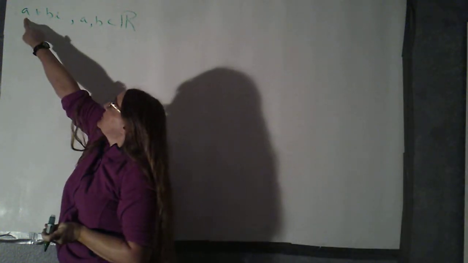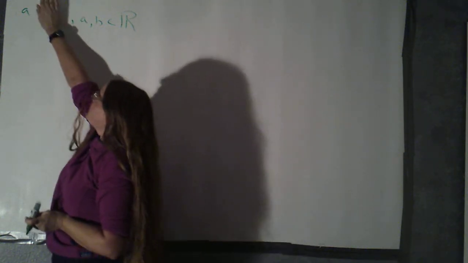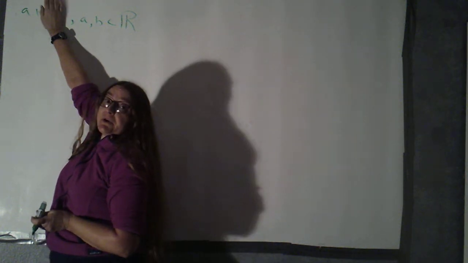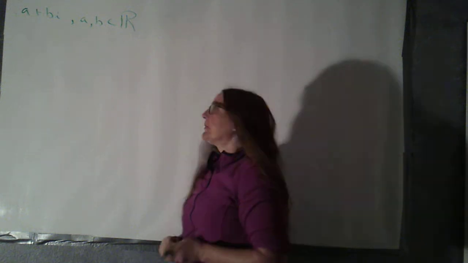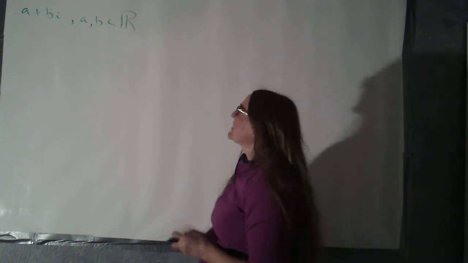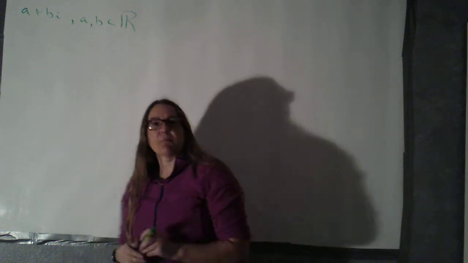So I've got a real number and then plus a multiple of i. Of course, if b is 0, then I don't have an imaginary number part at all, and I just have a real number. If a is 0, we would say I have a purely imaginary number. If a and b are both non-zero, I have a complex number. So the complex numbers are everything I can build using the real numbers and this new number i.